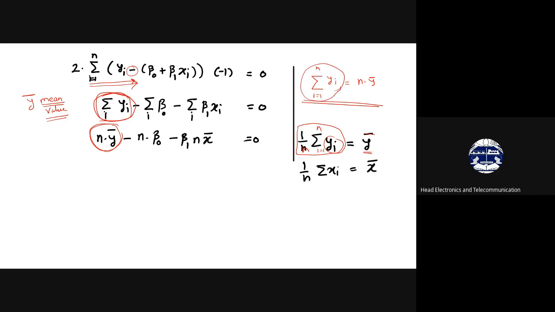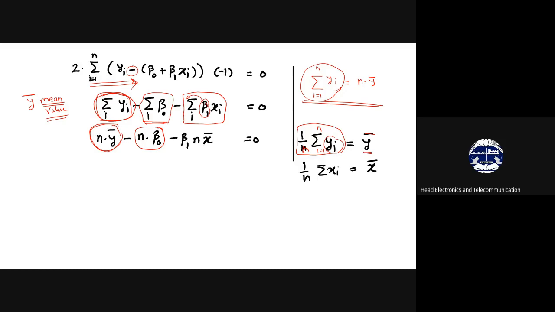Then when I go inside, I check for this. It is just addition of beta 0 n times, so I am writing n into beta 0. Then I go inside and check for this. Beta 1 is a constant, so I can bring this out.